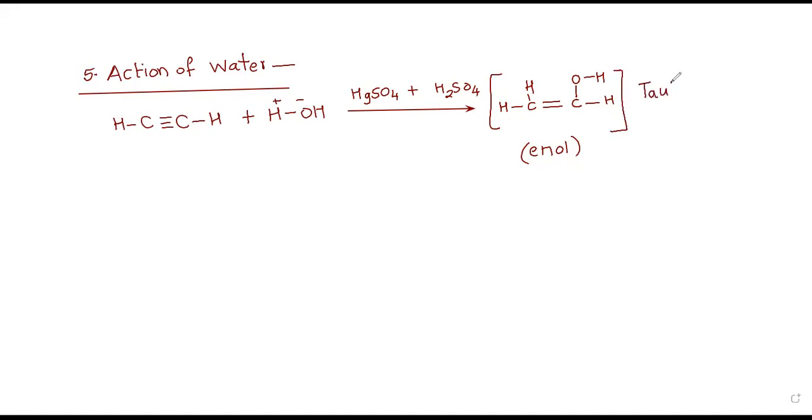They undergo a process which we studied in general organic chemistry called tautomerization. So this is a kind of isomerism they show automatically. We don't have to do anything for that. What happens in that, please note. Enol's double bond goes towards oxygen. And this hydrogen comes to this carbon.